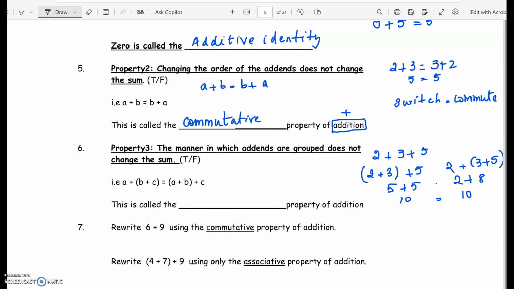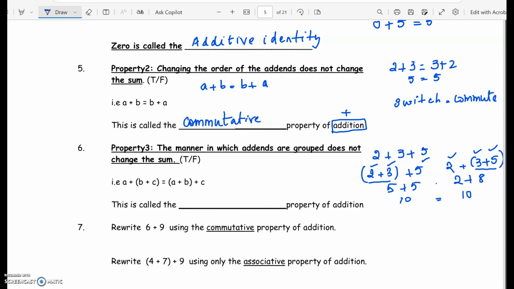So what we're doing here is, notice that we have not changed the order. 2, 3, 5. 2, 3, 5. So the order hasn't changed, but we've grouped different numbers together. We've associated 2 with 3 here. We added the 2 and 3 first. We associated the 3 and the 5 and added the 3 and 5.